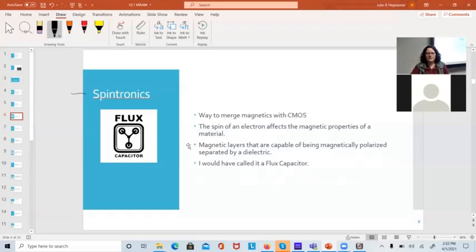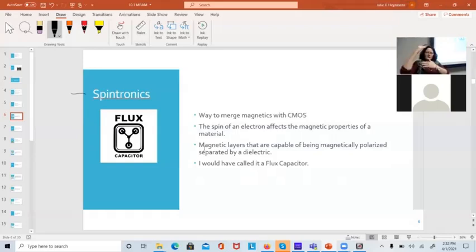Now, the way they change the magnetics is because the spin of the electron actually affects the magnetic properties of a material. If it's spin up, the magnetic field's going to be oriented in one direction. If it's spin down, it's going to be oriented in another direction. If we're capable of magnetically polarizing, making it so all the electrons are spin down and they all line up in one direction, I'm going to take those magnetic layers, and if they're matched, they're going to have a lower resistance.